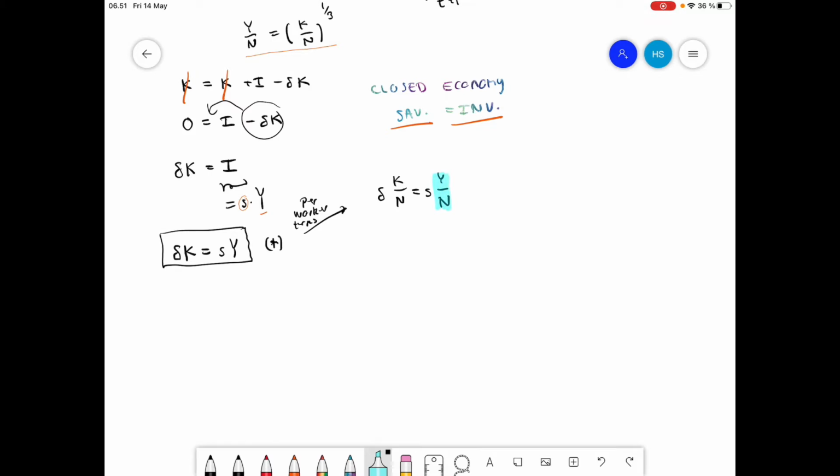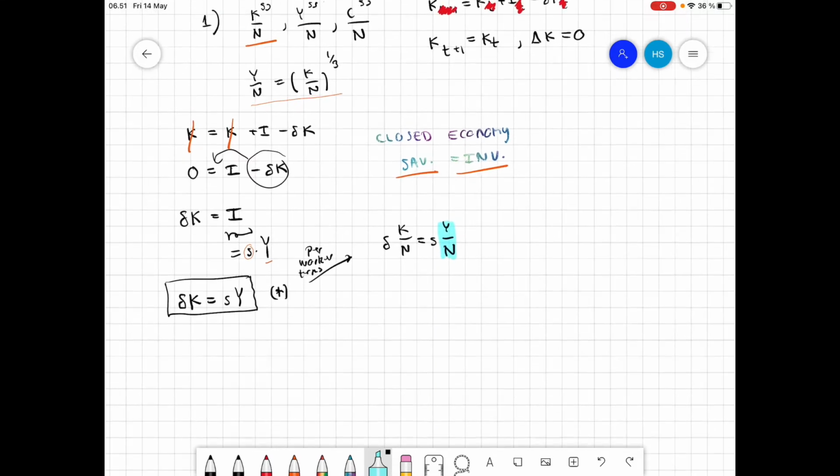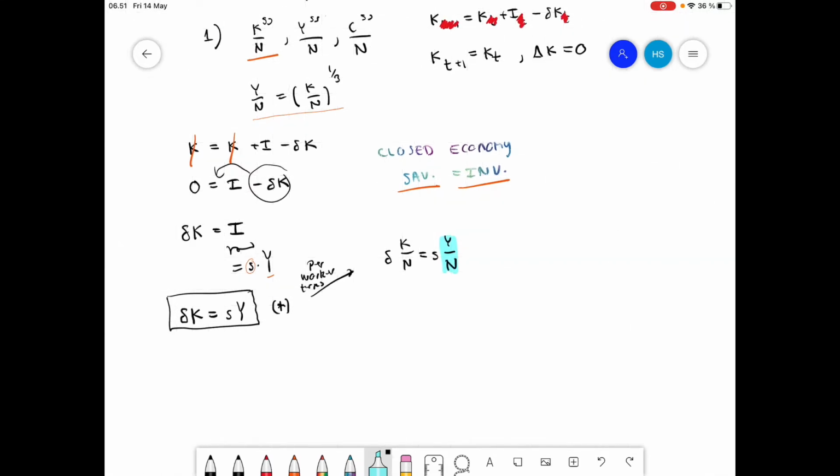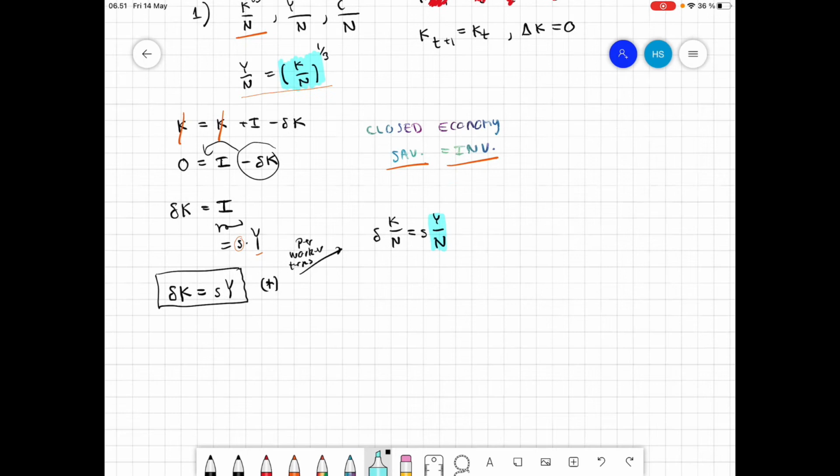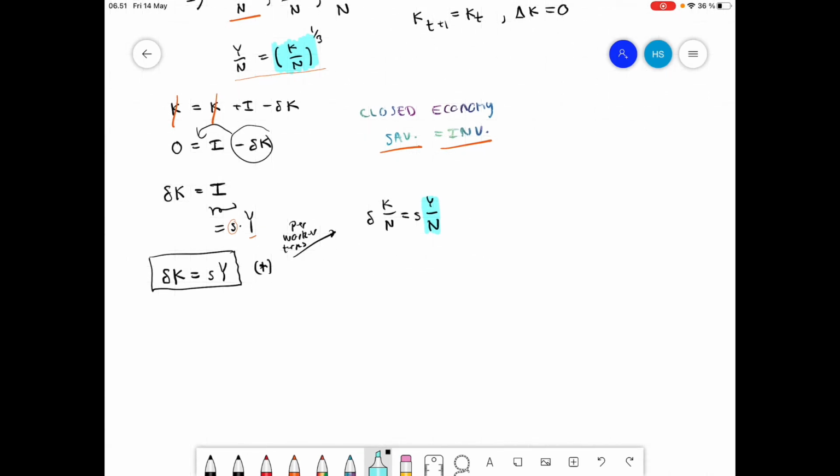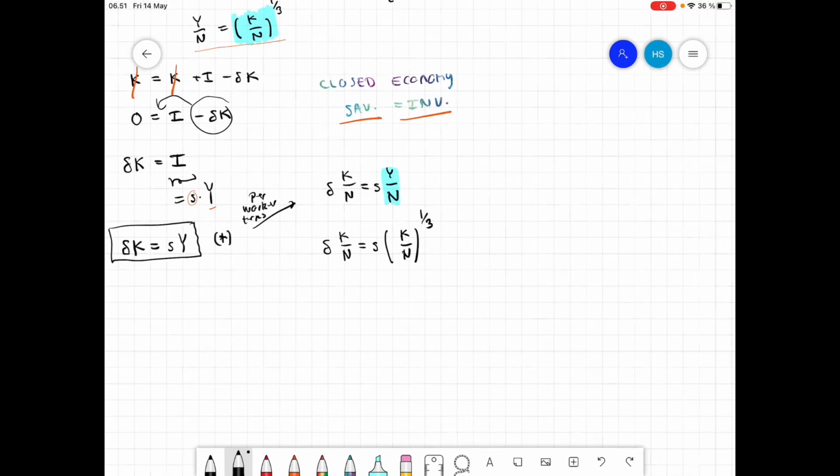What we have on the right hand side is the output per worker, and this function was given initially in the exercise. So we replace y over n with the exact functional form, that is k over n to the power of 1/3. So I write delta times k over n should be equal to the savings rate times k over n to the power of 1/3.